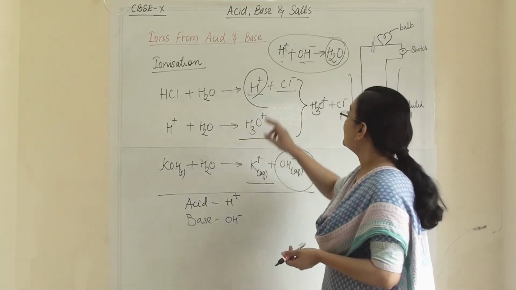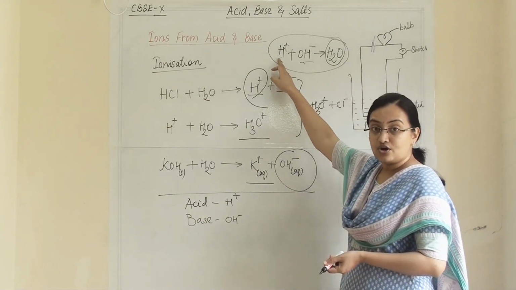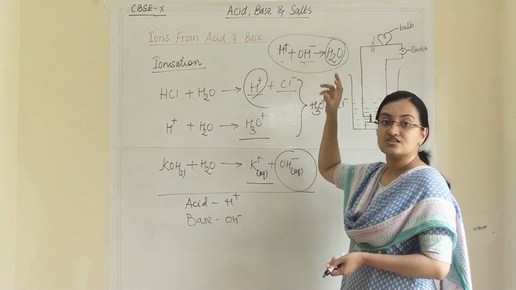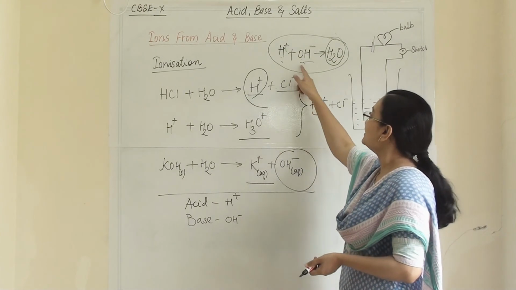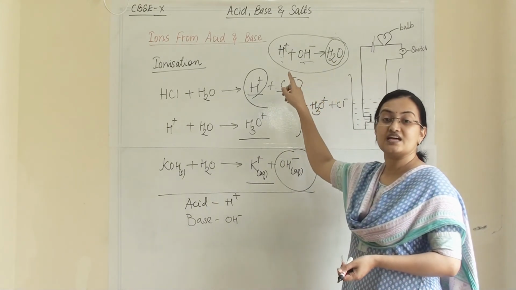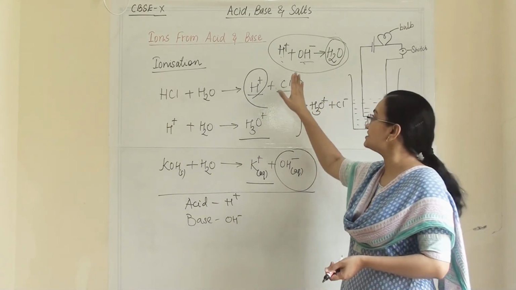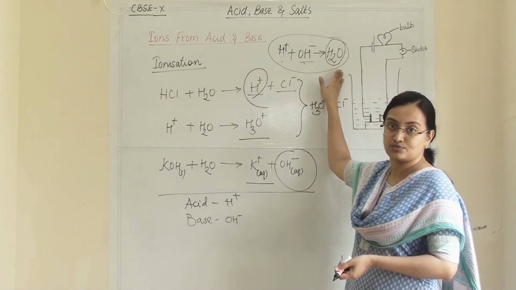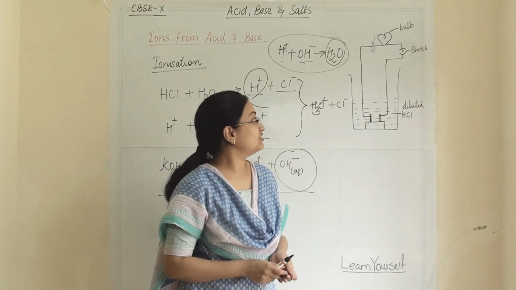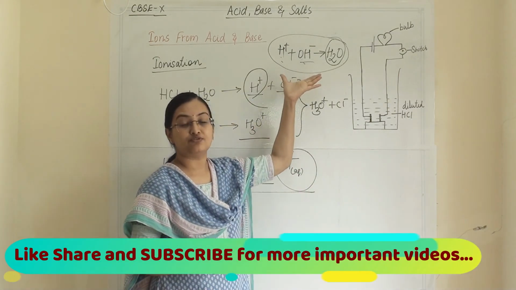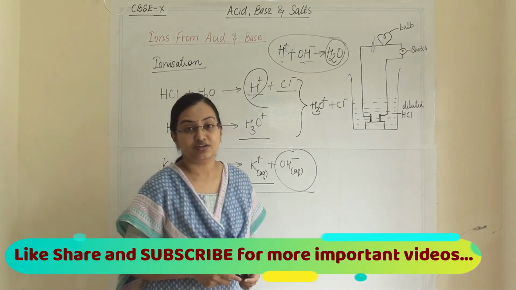That's why the H plus ion of acid and the OH minus ion of base react together, and this reaction is termed a neutralization reaction because they give us a neutral product. They nullify each other's effect. So these ions are responsible for the neutralization reaction also.